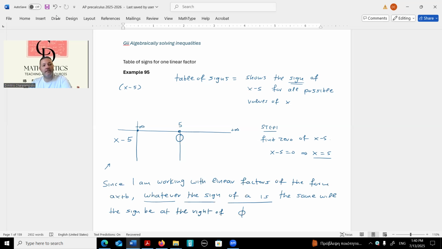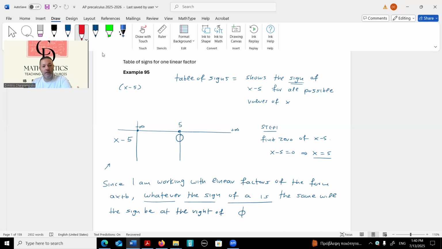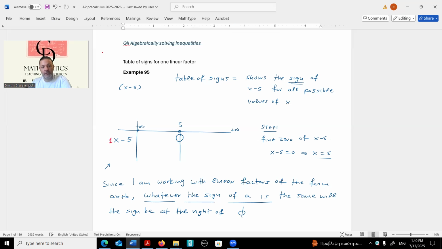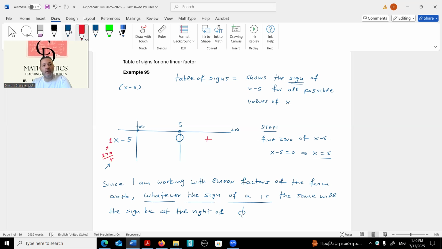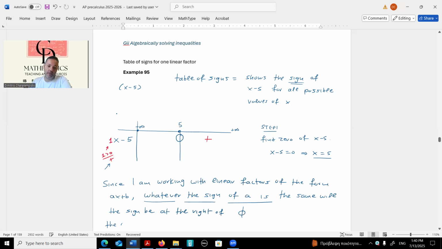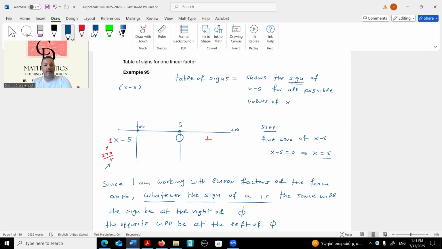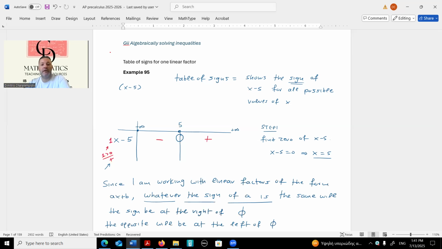So in this case, we have a, it's not there, but it's assumed to be 1. So 1 is greater than 0, therefore it's positive. That same sign will be at the right of this. So here positive, and the opposite will be at the left of this. So at the left of that, we would have a negative sign.